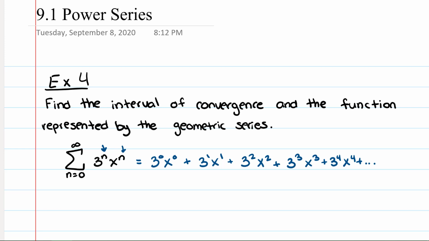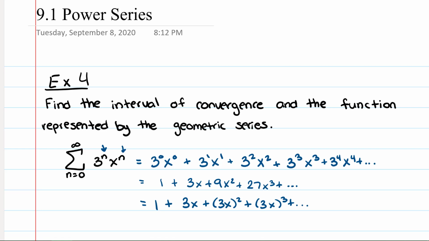So anything to the 0 power is 1, plus 3x, plus 9x squared, plus 27x cubed, plus dot, dot, dot. Or I can write that as 1 plus 3x plus (3x) squared plus (3x) cubed. So notice the thing that's inside every time is going to be that 3x.